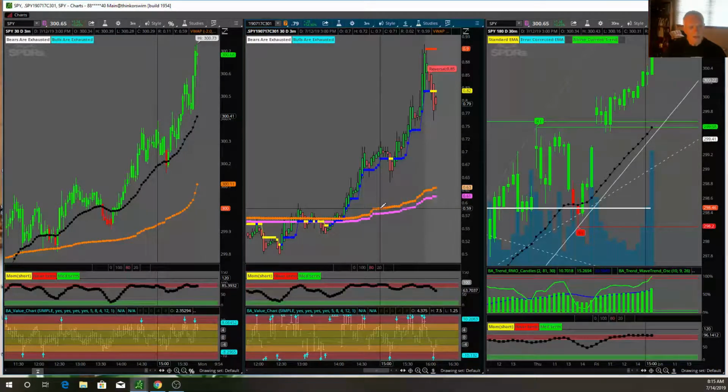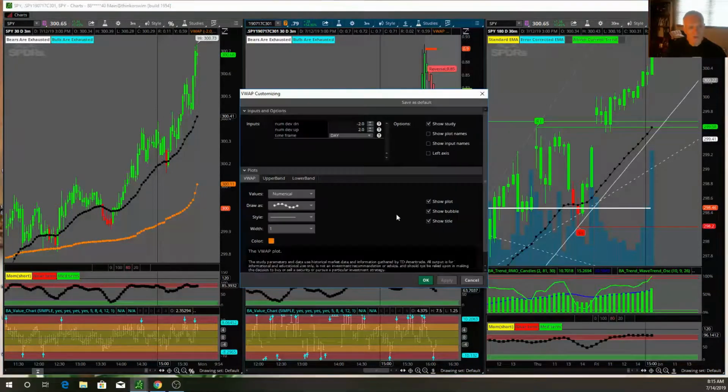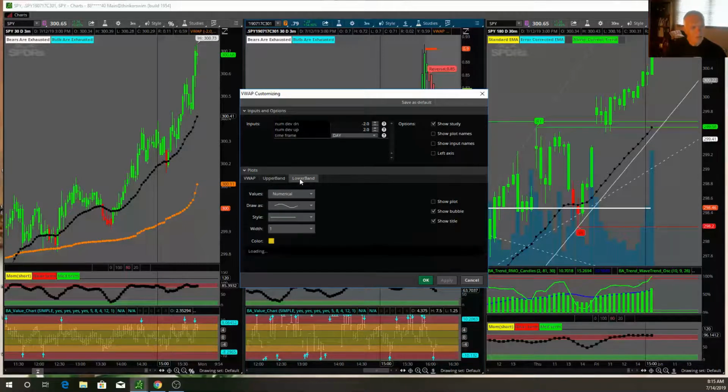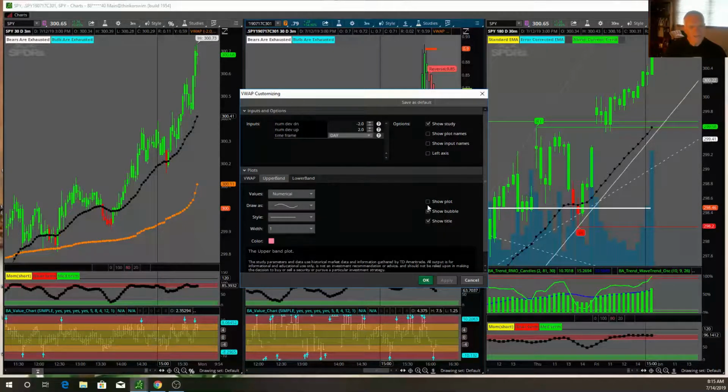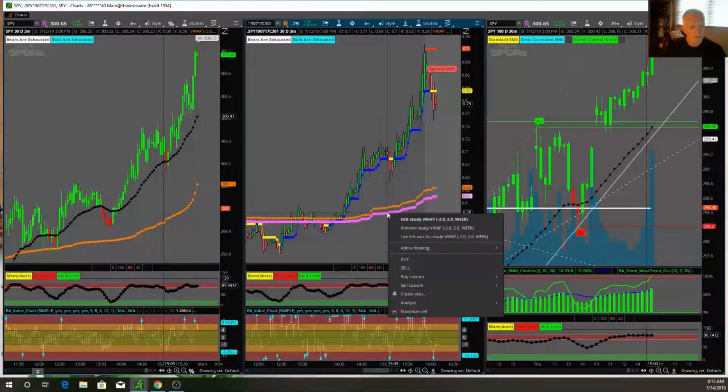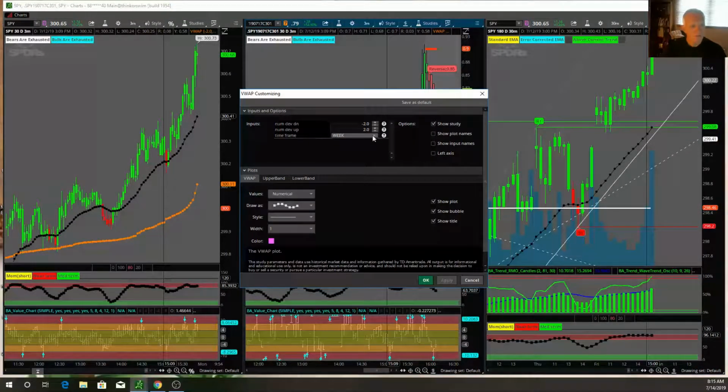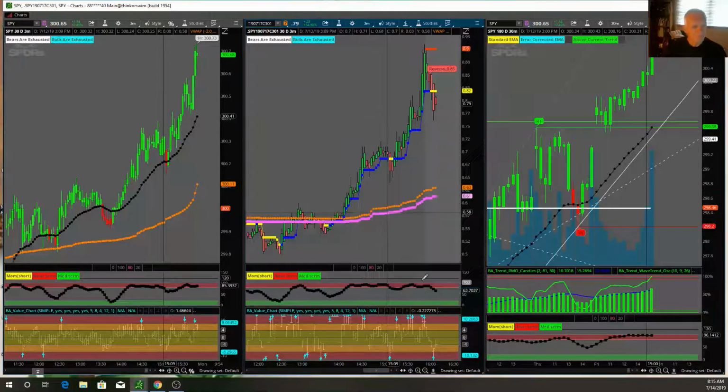So I'm going to right click on the daily just to show you what that looks like. I just have that indicator set for the day time frame. On the upper and lower band, I have show plot deselected. I don't want to see those. That has no bearing on my trading whatsoever. So that's how I set that up. And on the weekly, the only difference is the time frame is set to weekly instead of daily.